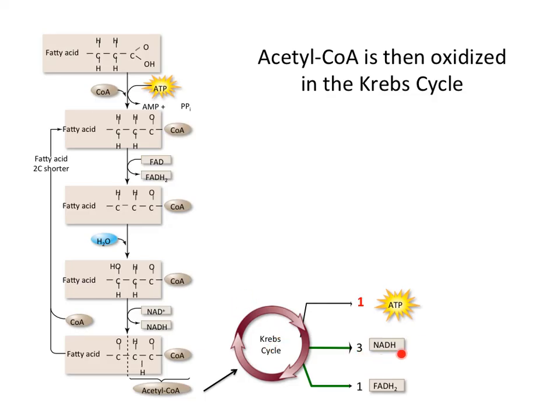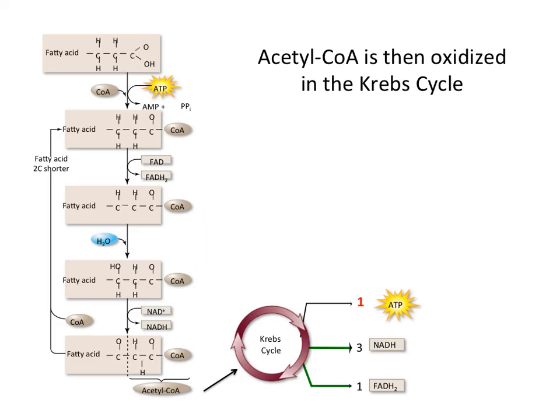So that means that you will produce a lot more NADH from a fatty acid and 1 more FADH too. And these are important because we know that those molecules can then bring their electrons, the electrons they harvested from the fatty acid in this case, into the electron transport chain, and then by chemiosmosis you produce ATP.